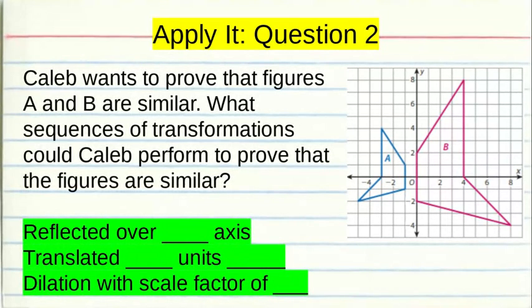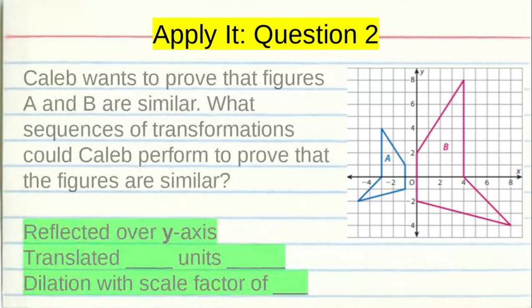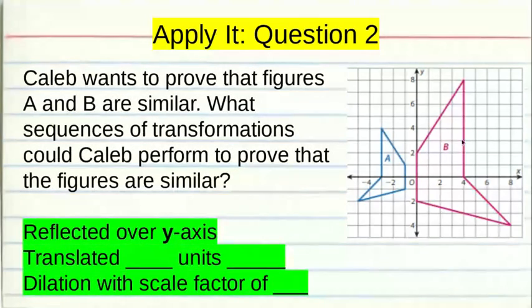So this means we can see that we start by reflecting A over a certain axis to get to B. So if we're trying to go from A to B, we need to reflect over the y-axis in order to get it into that orientation that we need it.